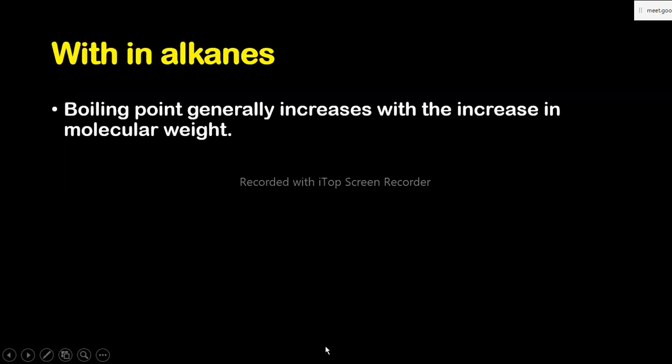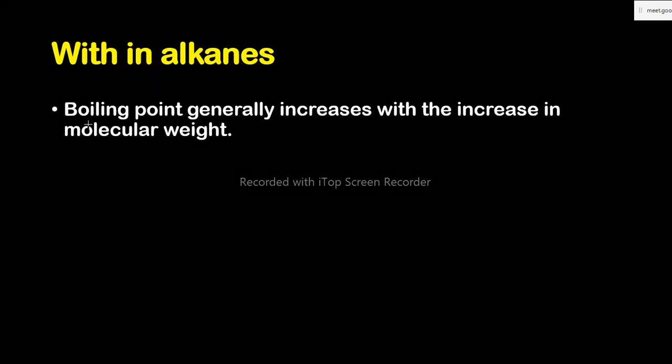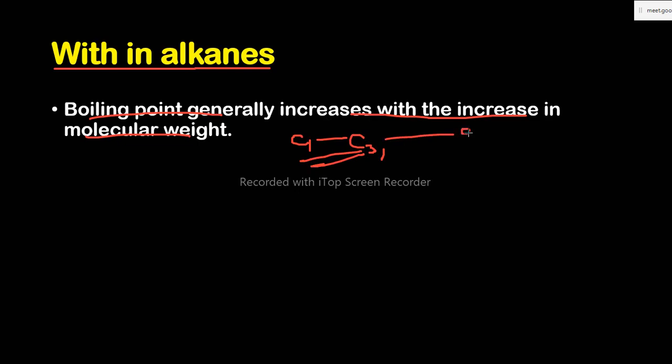So let's talk about within alkanes themselves. Like we said, within alkanes, the boiling point generally increases with the increase in molecular weight. You can clearly see that the low alkanes, from C1 to something like C3, though some books say C4, so you can fact check, are gases at room temperature.